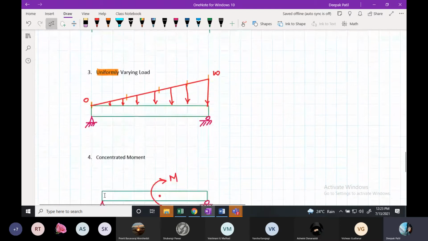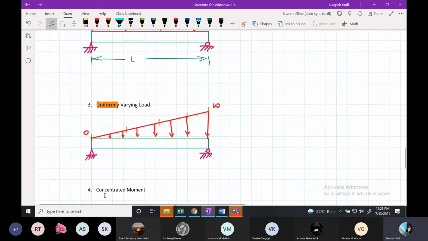Then we have the uniformly varying load, where at this end the load is zero, and at this end the load is maximum, and over this entire span of the beam, the load is uniformly varying. It is not like this.